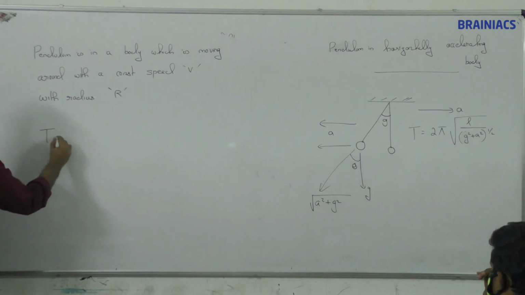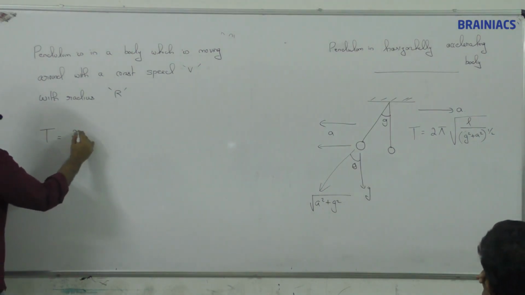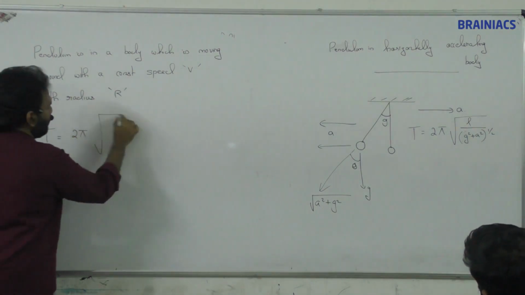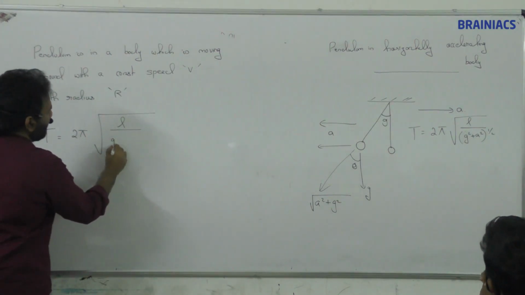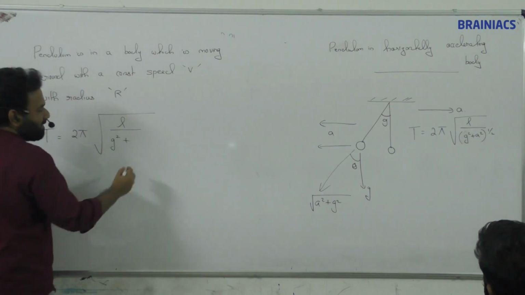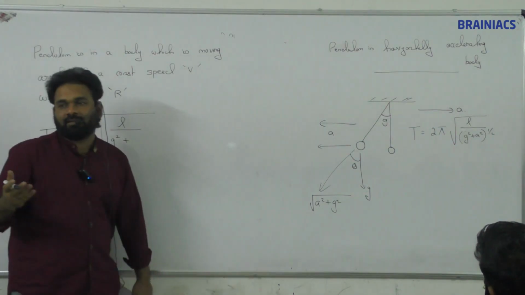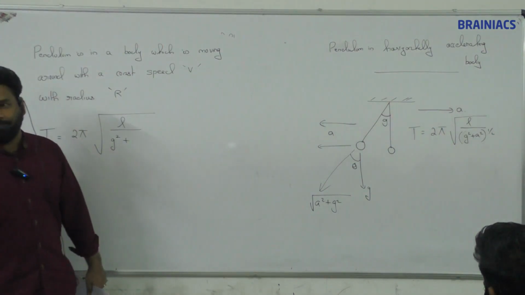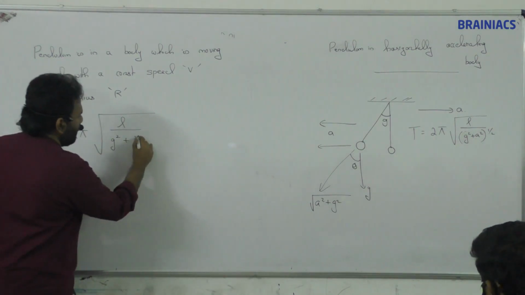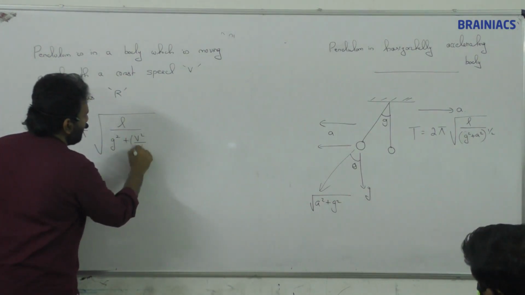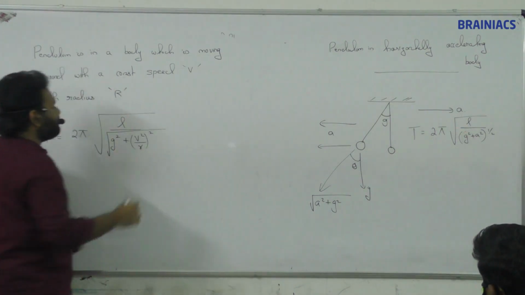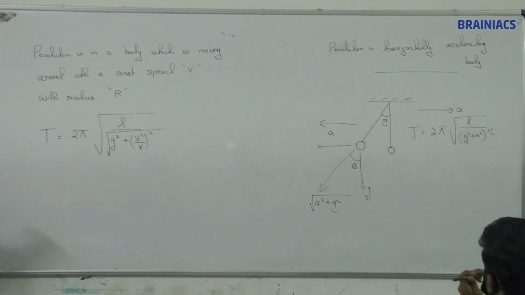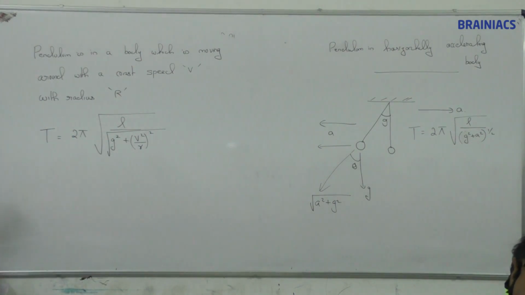So T is equal to 2 pi root of L divided by root of g square plus, what is the centripetal acceleration, children? v square by r, the whole root. We are taking the resultant acceleration. If you have any doubt in this, please ask.